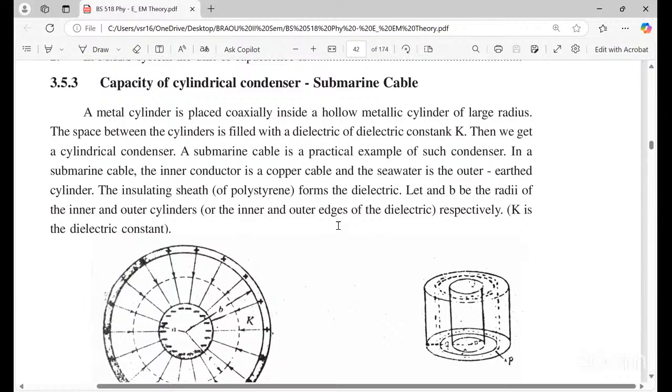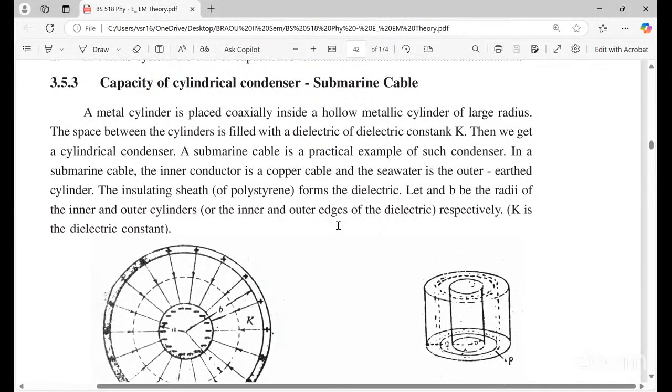In this case, the best practical example for this cylindrical condenser is a submarine cable. The inner conductor is a copper cable and seawater is the outer, that is the earthed cylinder. The insulating chain or polystyrene forms the dielectric between these two.